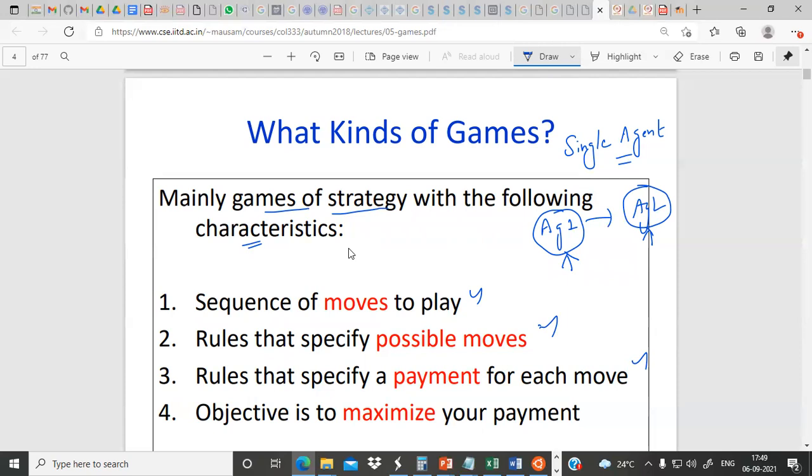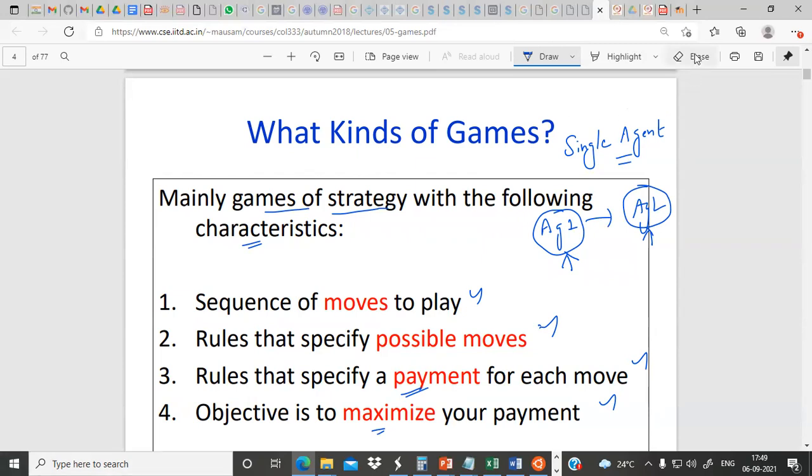Our objective is to maximize your payment. When you make a right move, you will get some credit, either in terms of points, or you will kill or strike off something of the opponent's. All of these are payments, and your objective is to maximize the payment.